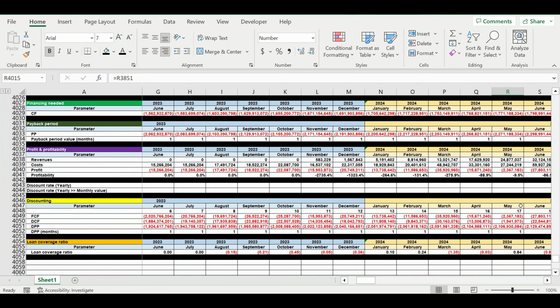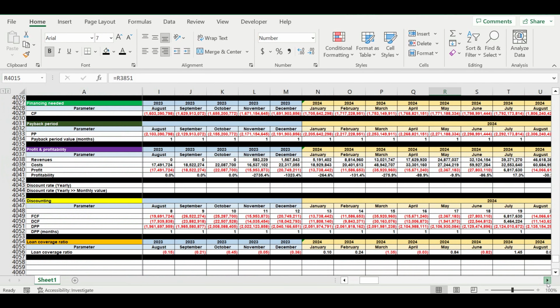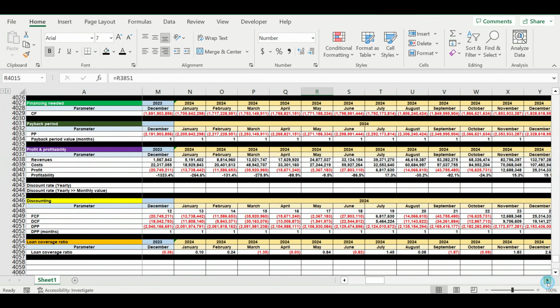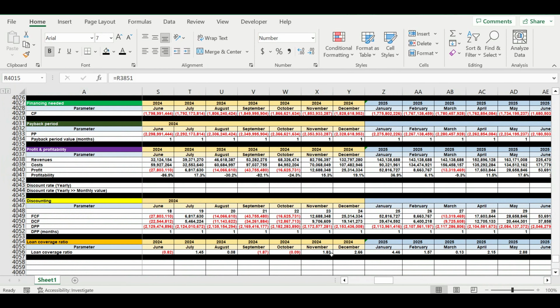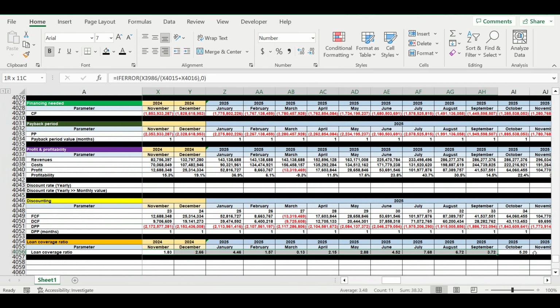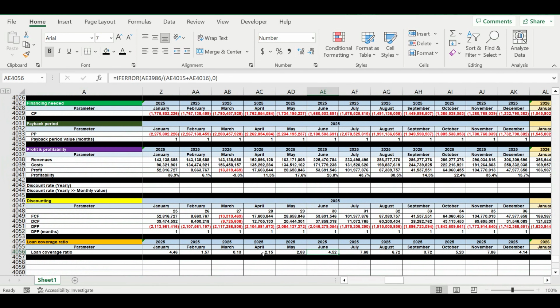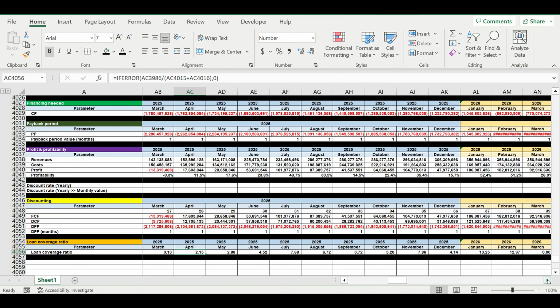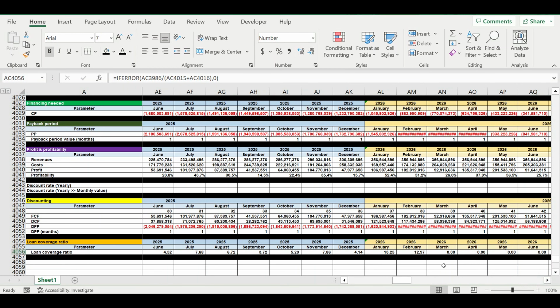And it is very important, for example, when we are looking at the timeline, to look for the moment when the loan coverage ratio starts being stable at more than 1. If it is more than 1, then we are okay with the loan payment.